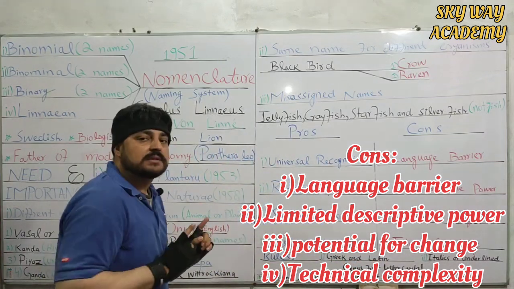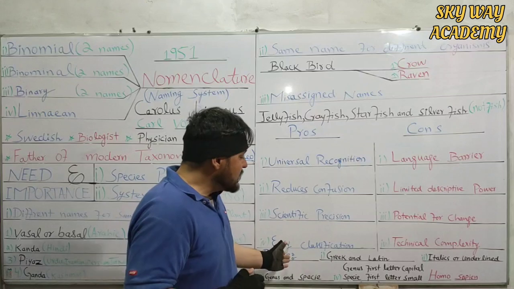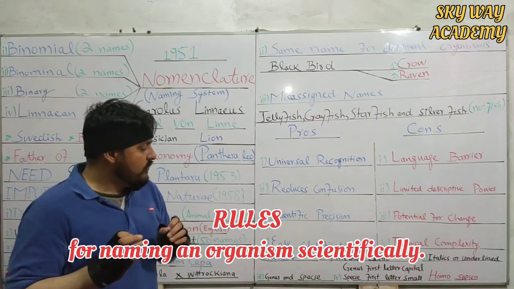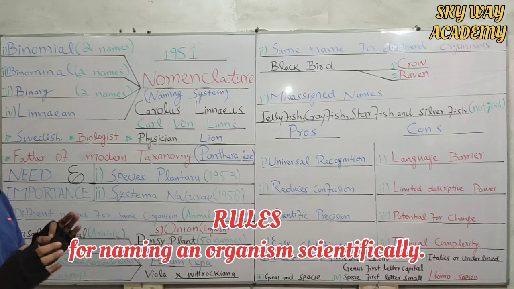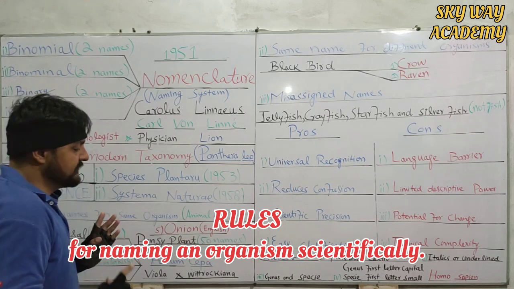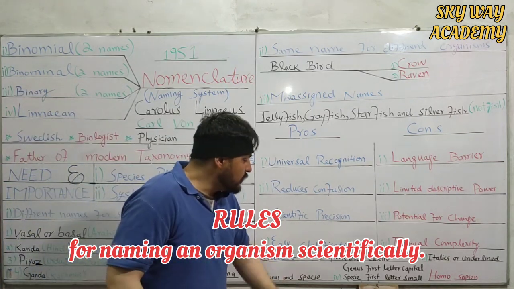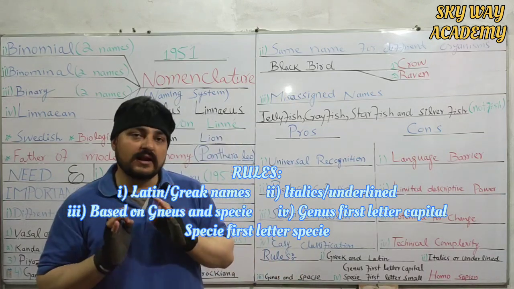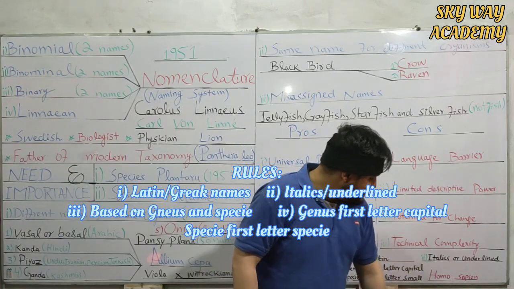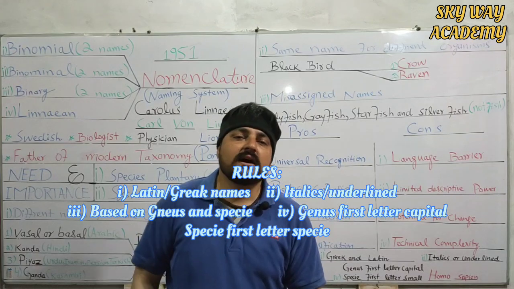Now let's discuss briefly the rules for naming an organism scientifically. Here are four rules. The first one is that names should be from Greek and Latin. The second rule is italics or underline.